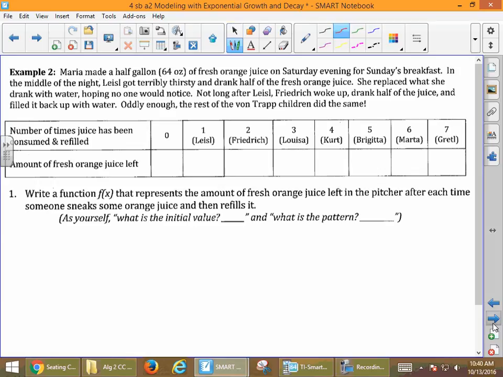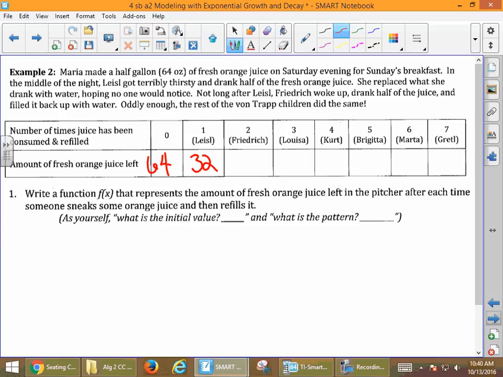And we started here, first of all, with 64 ounces of orange juice. So when Liesel got this, it says, write a function that represents the amount of fresh orange juice left in the picture. So after Liesel drank her orange juice, how much fresh orange juice is left in the picture? Jordan? 32. 32 ounces.